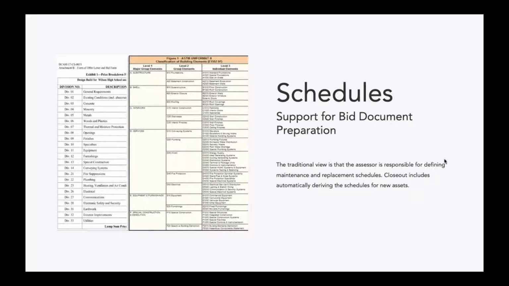So in this case, what we do is we automate that process so that they can assemble their plan and then essentially push a button to get the schedule of values spit out for them so they can do their work. So we're building in the incentives by getting them to do what we need.